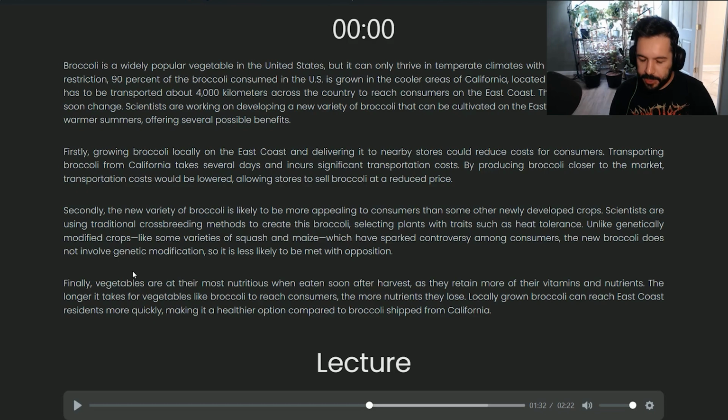So the author mentioned, look, it's a new type of broccoli and it's going to use a technique and a method that is not really hated by the people. And she says, yeah, okay, the method that we are using is okay, but the companies that are doing it have a shady history. They are known for doing shady things in the past.